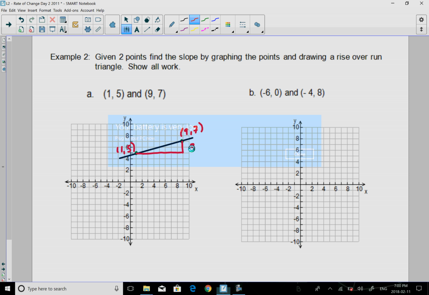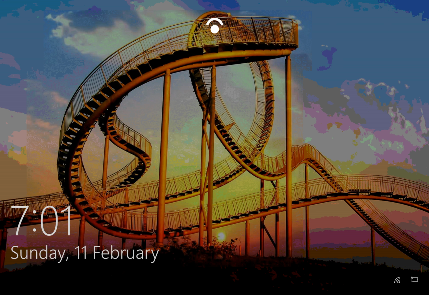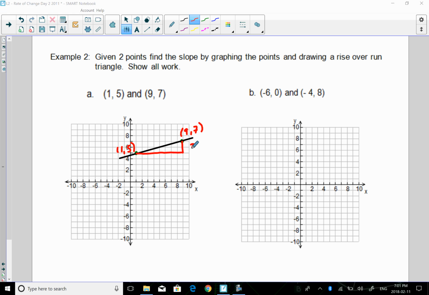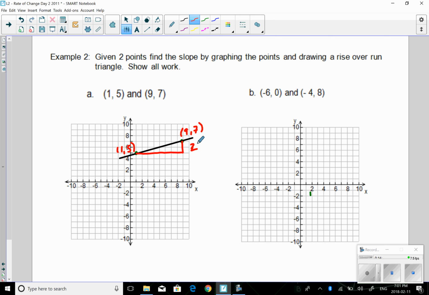And we're going from 1 to 9, so that's 8. So our slope, also known as rate of change, is going upwards, so it's going to be positive. 2 divided by 8. So you notice they don't have to be whole numbers, they can be fractions, they can be decimals, they can be positive, they can be negative. Negative ones just give us direction.